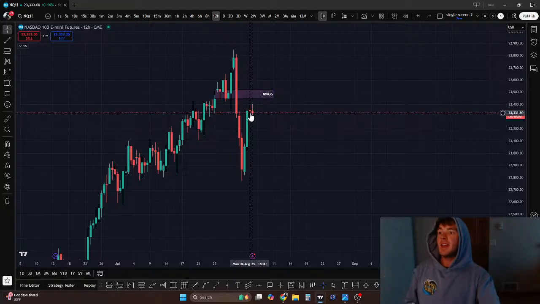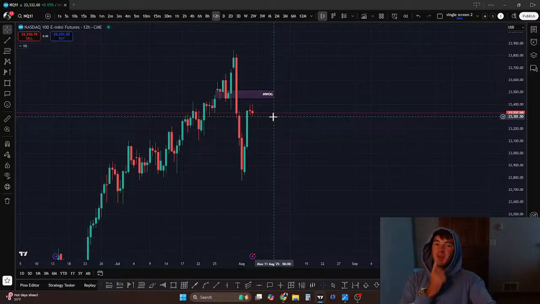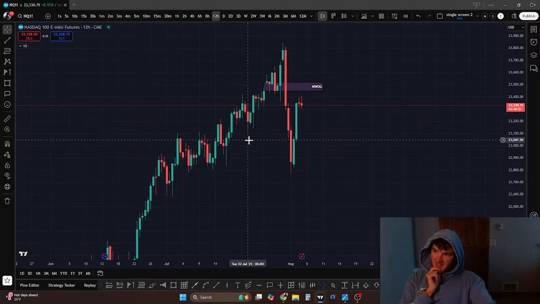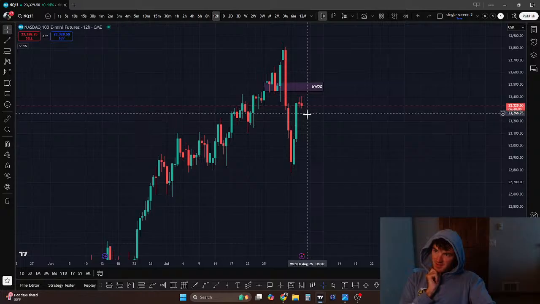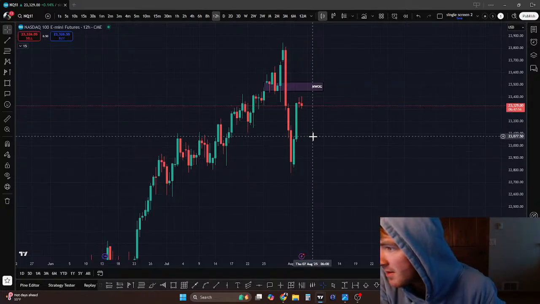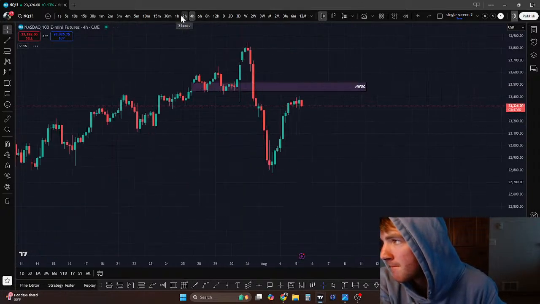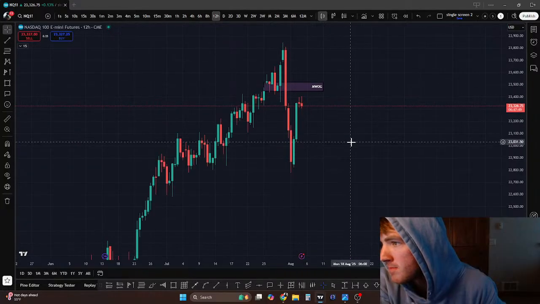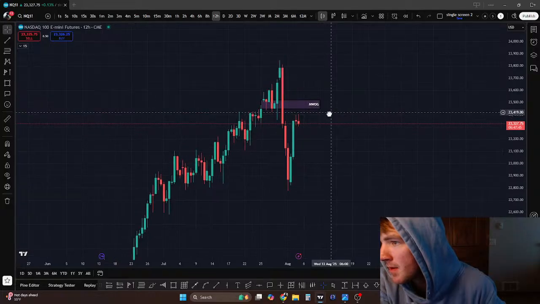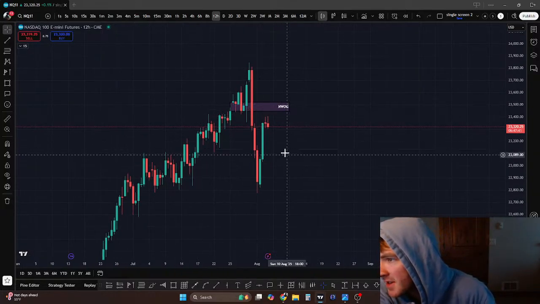Then again, actually, this is a 12-hour CRT. There's always a counter argument. 12-hour CRT. Okay, I want to do a little experiment here. 12-hour CRT, right?